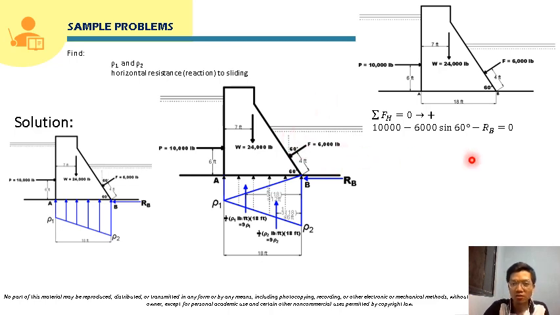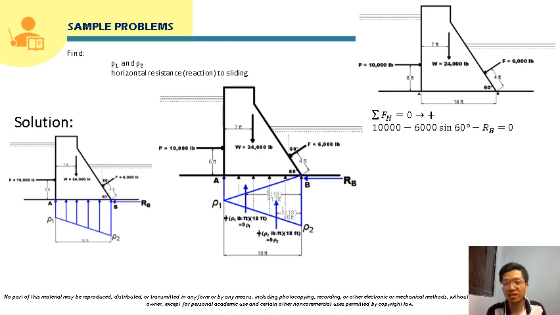So the horizontal component of this 6,000 pound force will use sine: 6,000 sine 60 degrees, directed to the left, so it is negative. We also have this horizontal reaction RB, directed to the left, so it is negative. This is equated to 0.